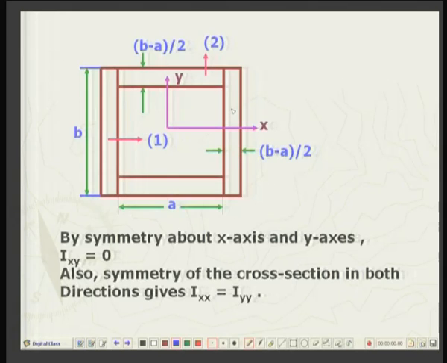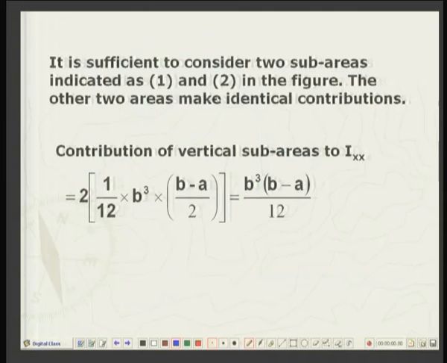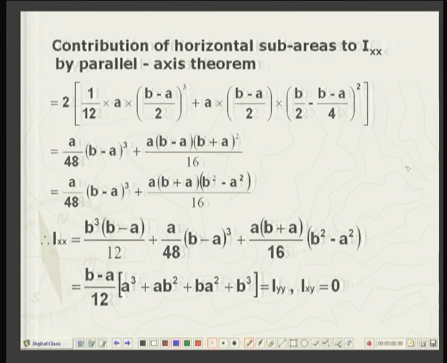This distance, this is the middle of this rectangle, and this distance. Okay. So, when you do this, you will get this area very easily.